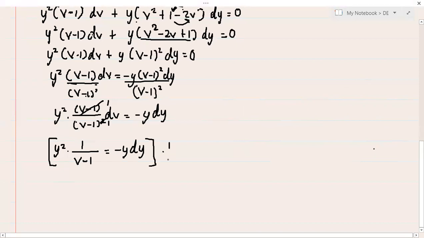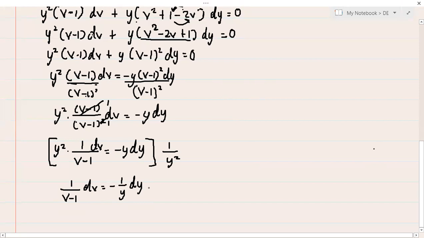Both sides we multiply by 1 all over y squared. So what will happen? Wait, there's a dv pala. So we will have 1 all over v minus 1 times dv is equal to negative 1 all over y times dy. There. So, it's easy.